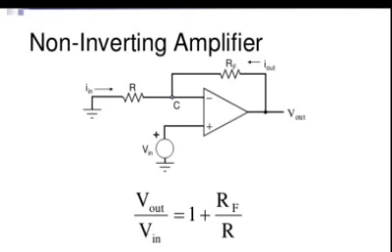At that time the gain A is equal to V out divided by V in. But with the feedback, the gain of the non-inverting amplifier, V out divided by V in, is equal to 1 plus RF divided by R, where RF is the feedback resistance.